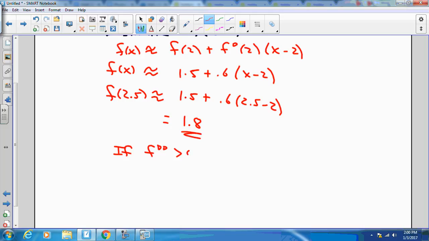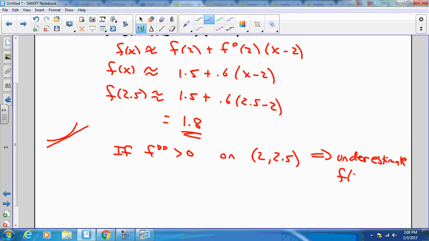So if, for example, f double prime were known to be positive on the entire interval, then I would know that, draw a quick tangent line, tell yourself what's going on, the tangent line estimate is an underestimate. That is to say that the true value of f of 2.5 is definitely bigger than 8.